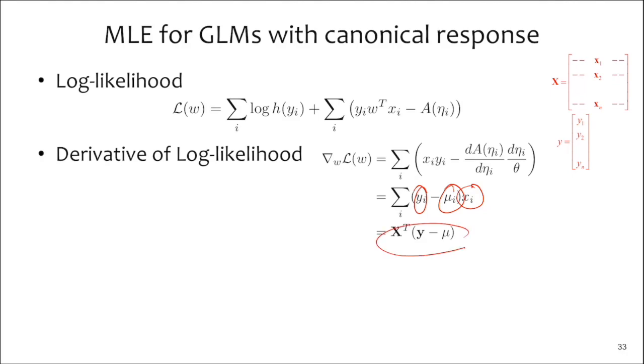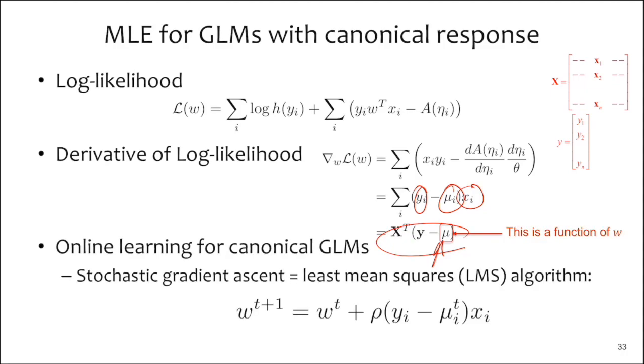What is nice about this is that it looks like a derivative of the regression, except that my mu is a little bit convoluted, and this is a function of w. So if you have the form of the derivative, you can simply put it into your optimizer, stochastic gradient descent or anything you want, and converge to the optimal solution.